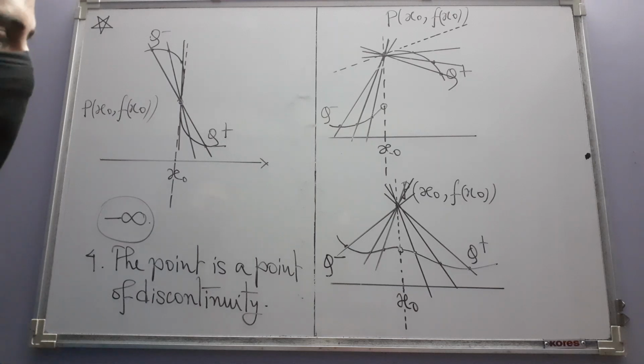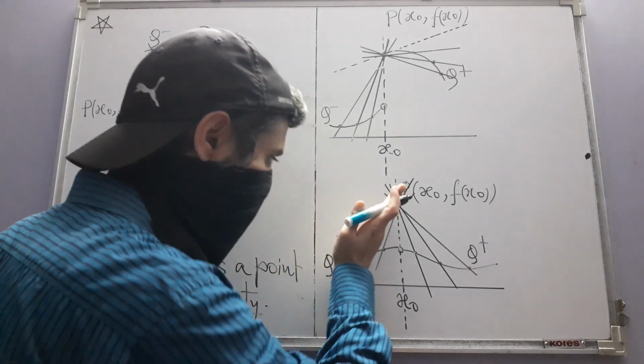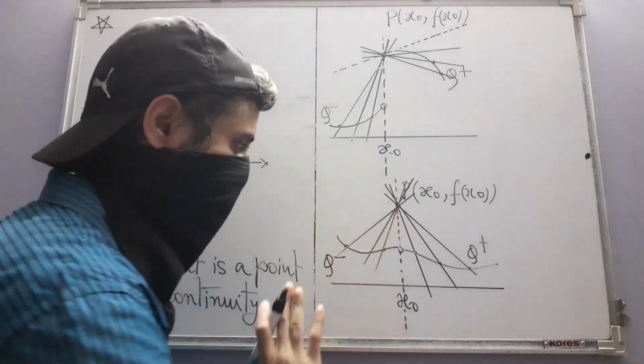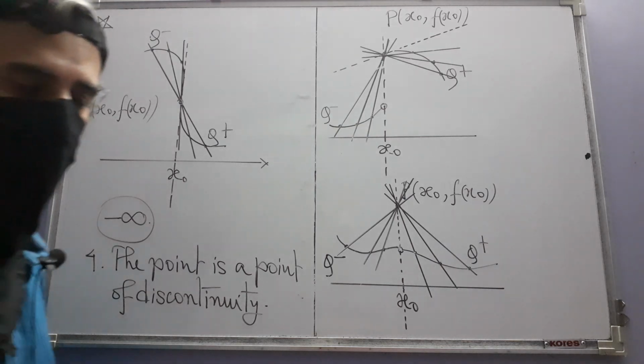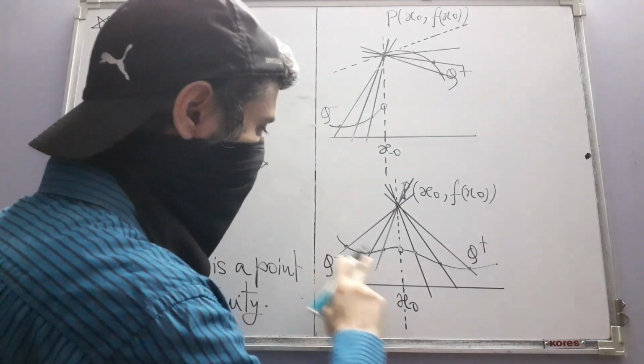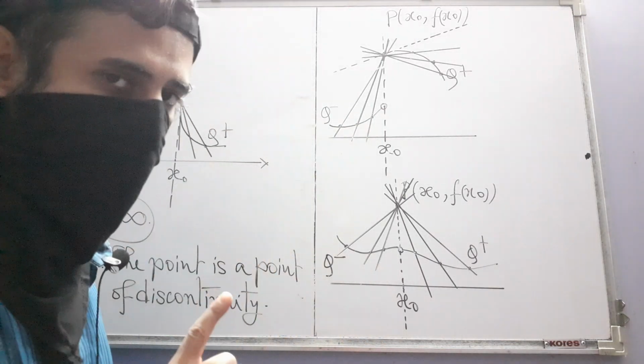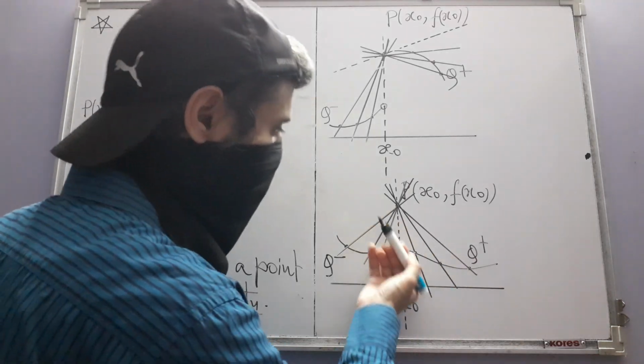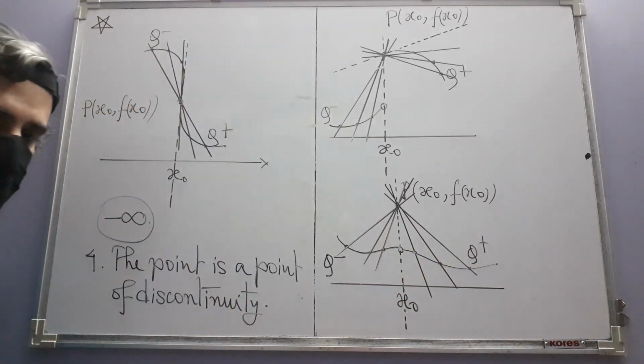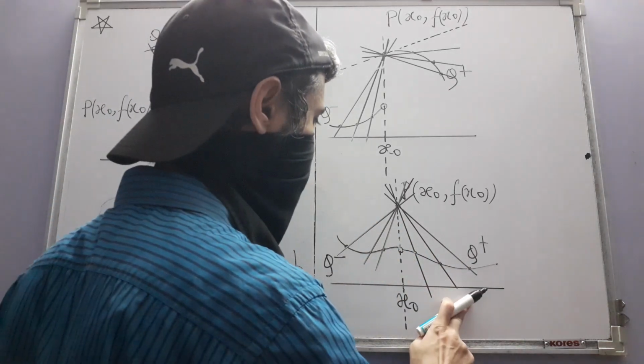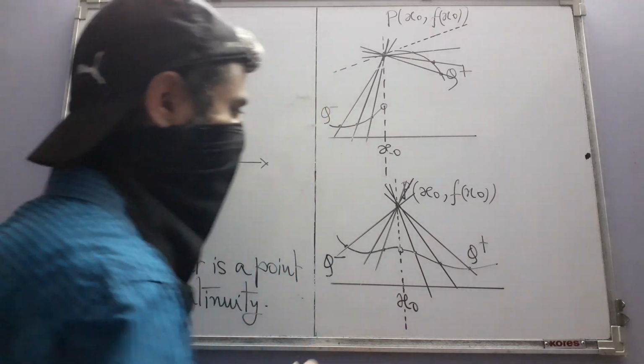However, there is a difference. For these lines, all the slopes are positive, so the limit of these slopes is plus infinity. Whereas for these lines, all the slopes are negative, so the limit of these slopes is minus infinity.